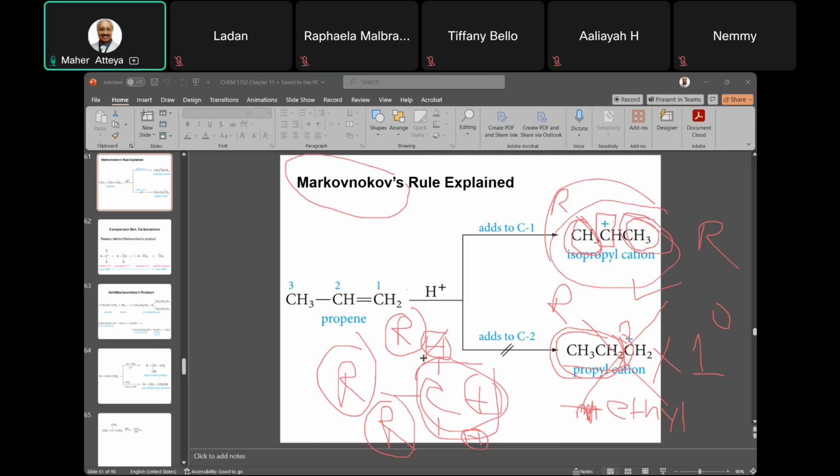Then just 1 R is primary, which is not stable, not observed, but this one is observed. But if we have 4, then this one will not be observed either. Then only the tertiary, 3 carbons and the 4th being the carbocation, will be observed. Make sense?